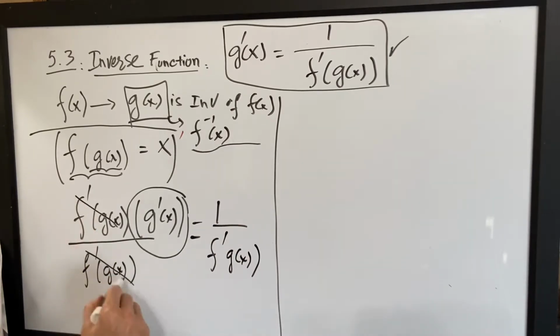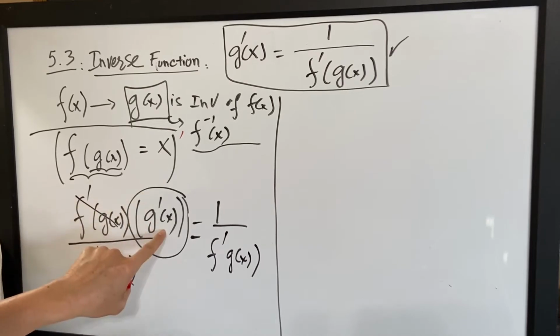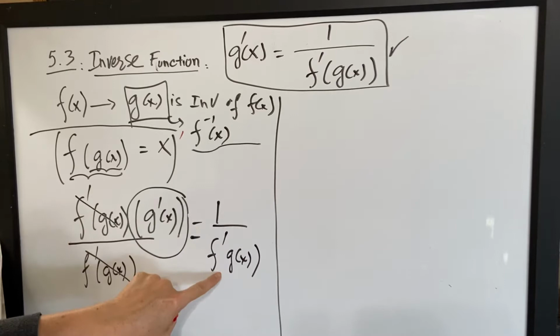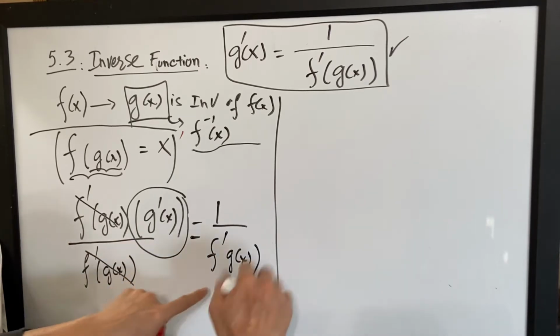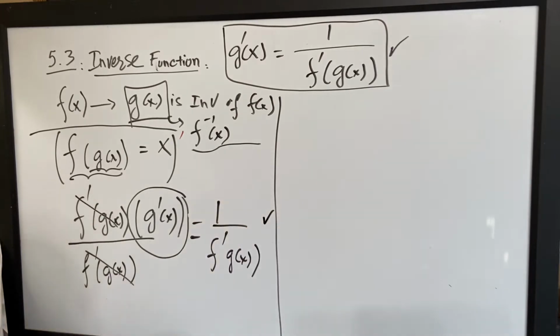By that, this is all gone, and this is my form right there. g prime of x, which is the derivative of the inverse of the function, equals 1 over the derivative of the composite function. We did that together in class. I just want to remind you.